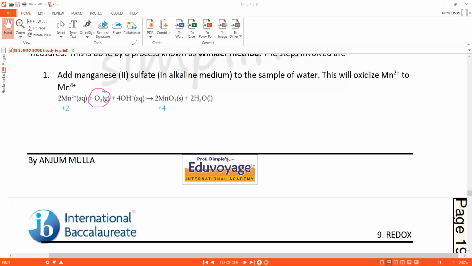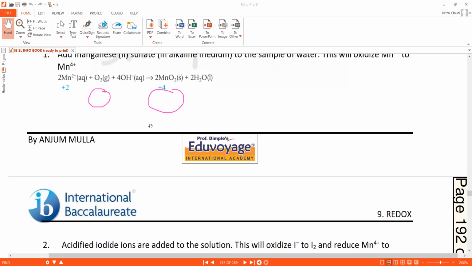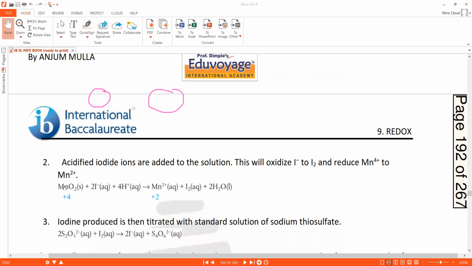I can find it from the number of moles of MnO2, MnO2 I can find from I2, and I2 I can find from thiosulfate. So the thiosulfate to oxygen ratio is 4:1.